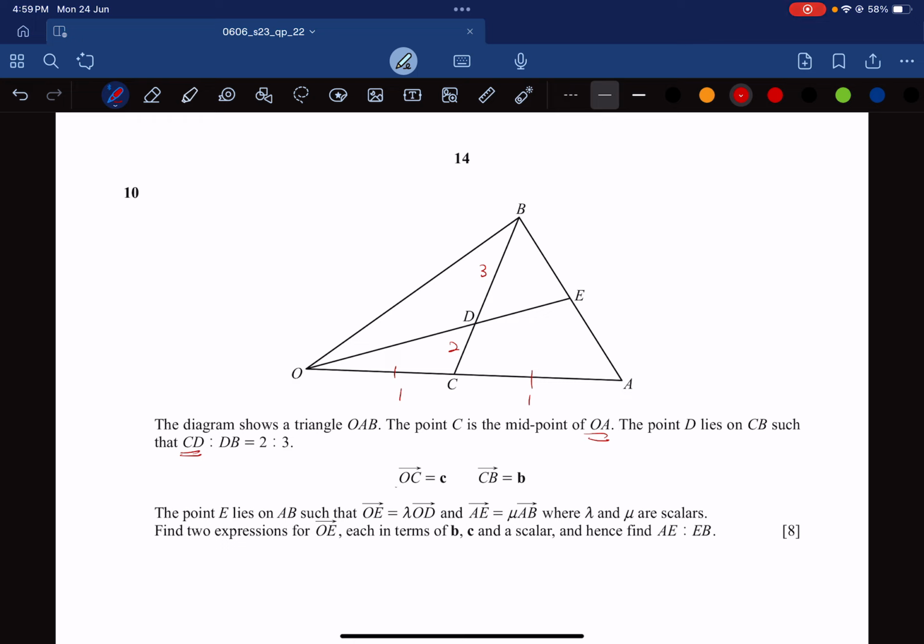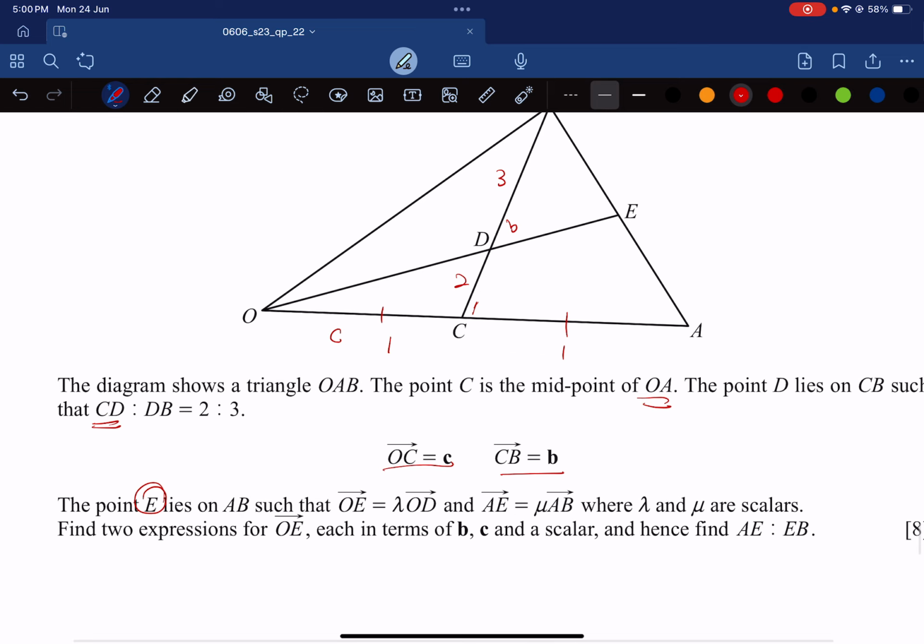So OC is c, CB is b, right? Okay, C to B. The point E lies on AB such that OE is lambda OD. So this lambda is probably greater than 1, because OE is longer than OD.